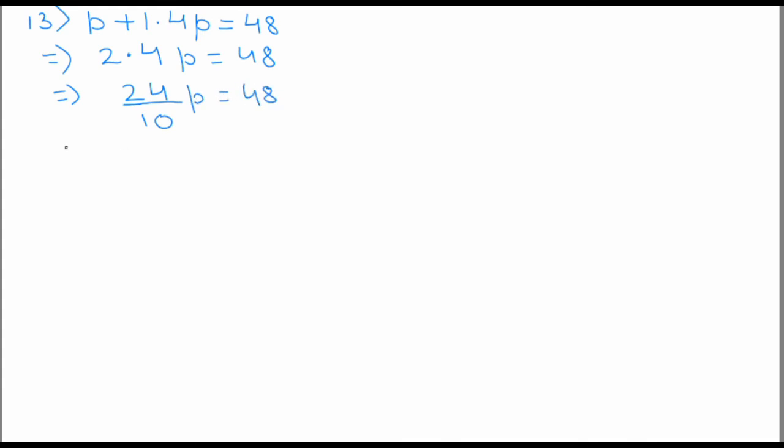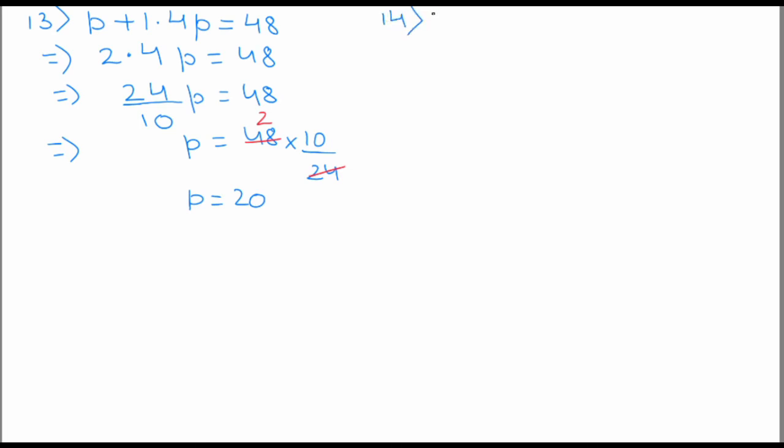Now p will be 48 into 10 by 24, and 48 is the multiple of 24. 24 twos are 48, and the value of p will be 20. 2 10s are 20. Coming to question number 14.